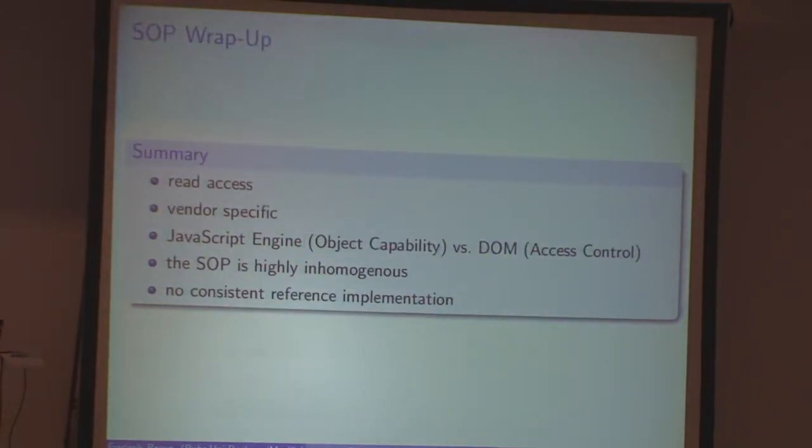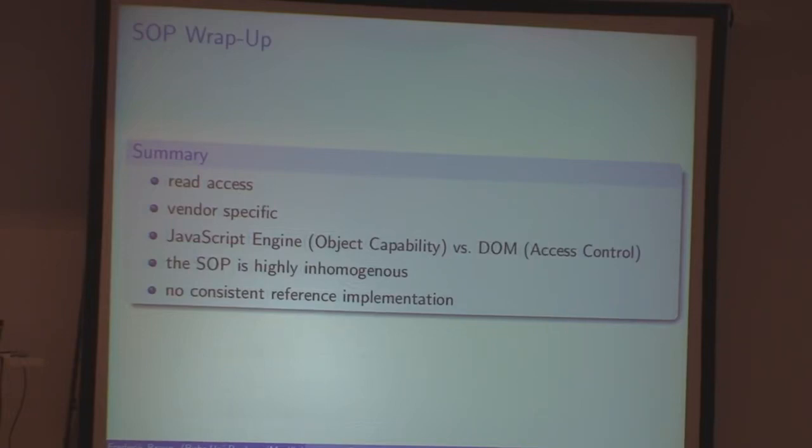It's about read access to resources from different domains. It's highly vendor specific. Theoretically, it's already a bad idea to say we have an object capability world where access to every object is given, and after the fact say, oh, well, but that object you better don't read and access denied.